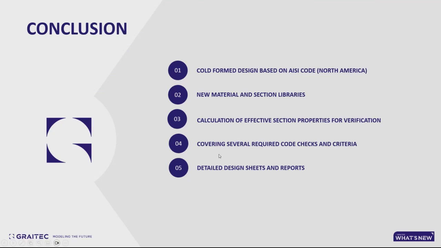We are covering the required code checks and criteria for cold form sections based on the code. And finally, we provide you with design sheets and detailed reports in case you want to inspect and investigate in more detail what kind of parameters the software is using for performing the design.